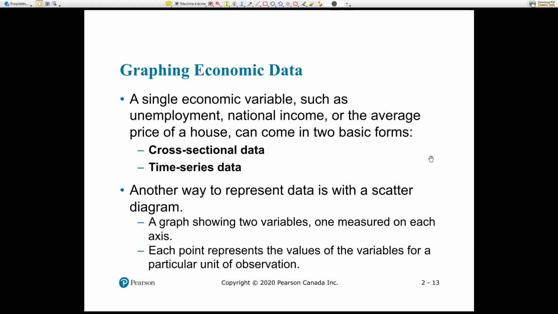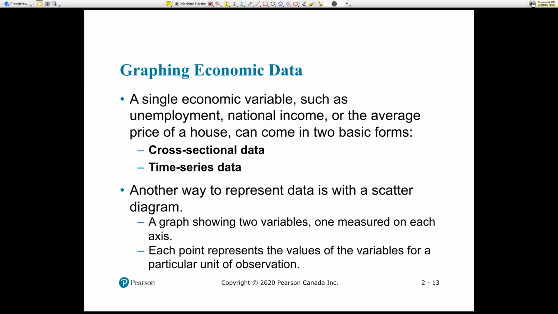All right. So here we are. Graphing economic data. Single economic variables such as employment, national income, average price can come in two basic forms: cross-sectional data or time series. Cross-sectional data is when you look at things at one period, but you look at many different observations during this period. So for instance, many countries, but all in 2022.